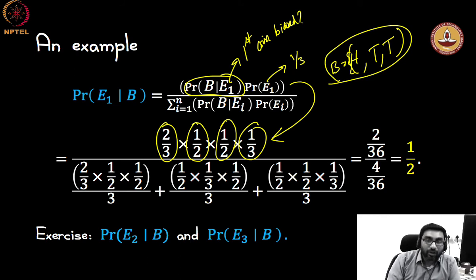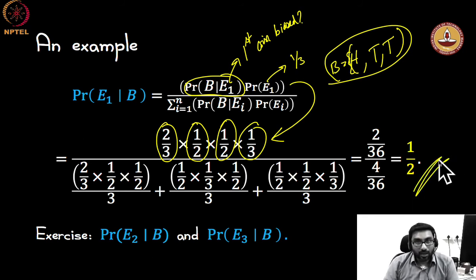And in similar fashion, you can fill out all the denominator values as well. And if you work it out, it comes out to a half. So if we see the outcome heads, tails, tails, then our posterior understanding of the first coin changes.